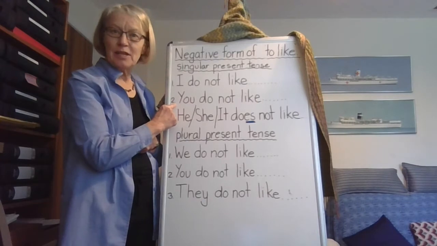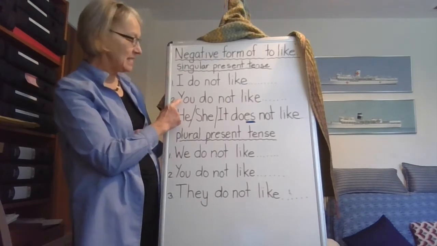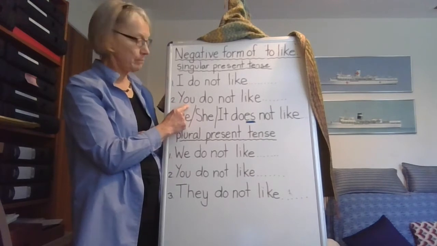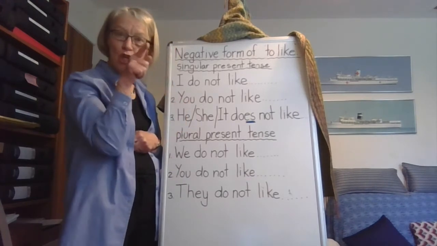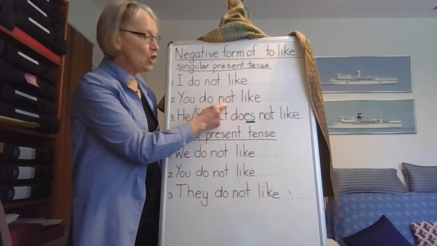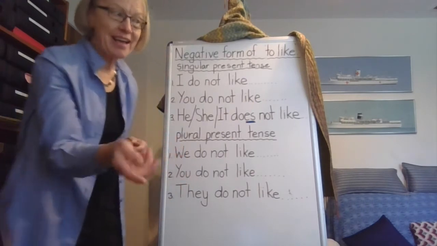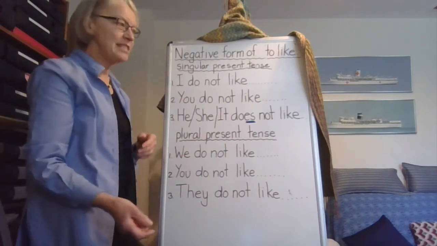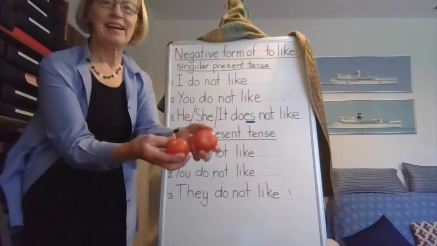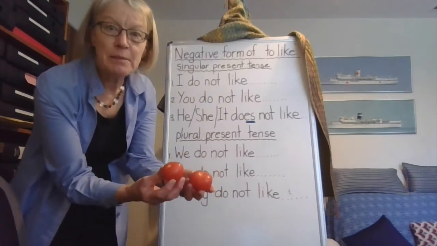The second person singular in the present tense is you. So one person, you. You do not like. Now I don't know what you don't like. I've got some things here, so we'll pretend. Do you know what those are? Those are tomatoes.